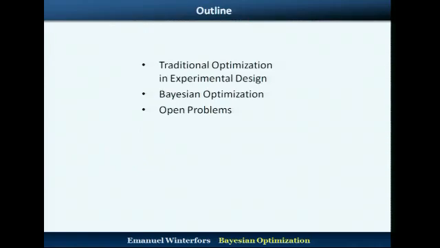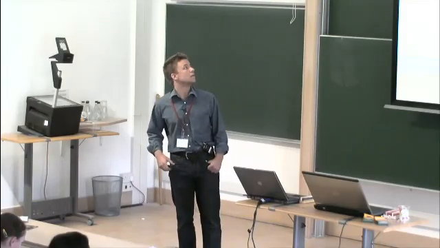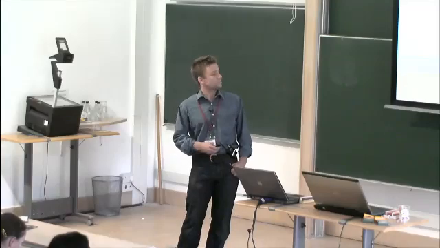Outline, I'm going to start off with talking a bit about traditional optimization approaches in experimental design, and a bit about the problems with those that a Bayesian optimization approach can remediate.